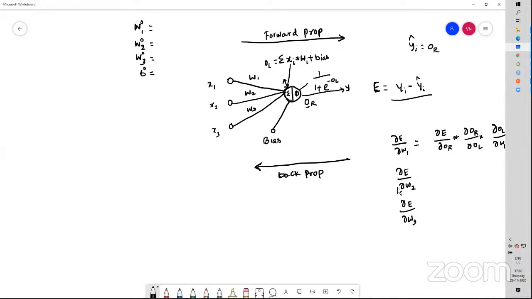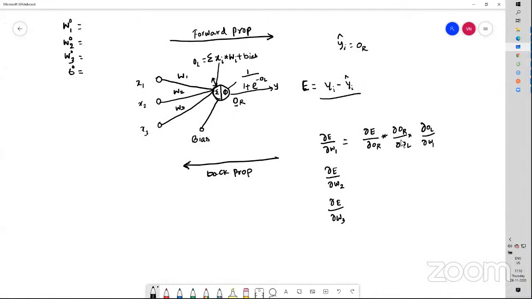We use this equation to find the gradient of this, and in the same way dou E by dou OR into dou OR divided by dou OL into dou OL divided by dou W2.